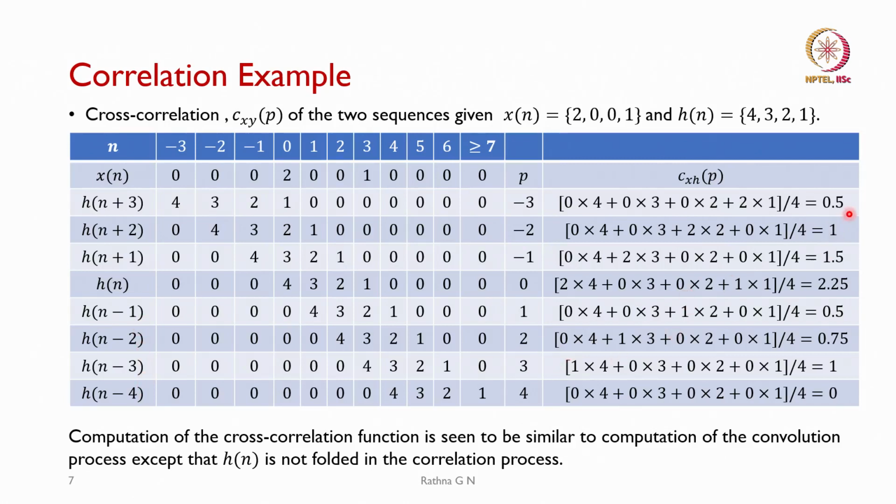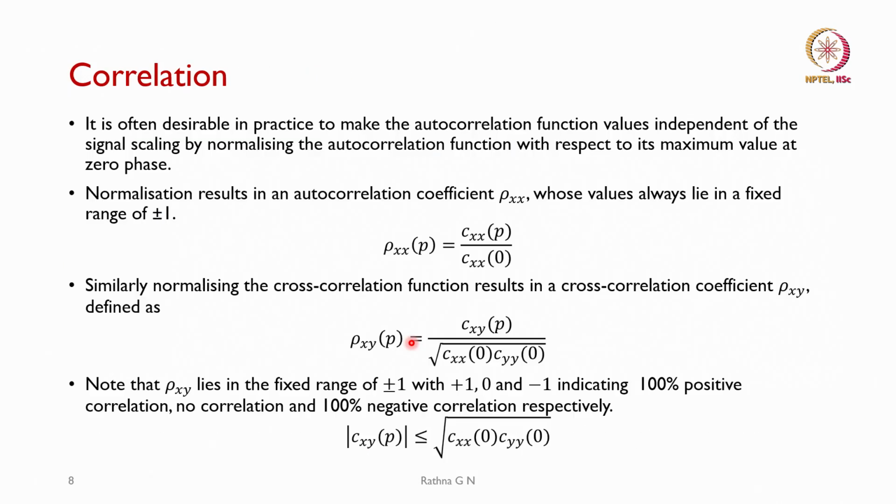So, this is our output of linear cross correlation. What is the difference with respect to convolution? Here h of n is not folded in the correlation process. We fold h of n in the case of convolution, here it goes as it is, not folded. That is the difference between convolution and correlation.